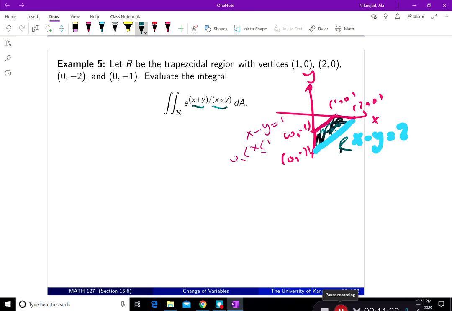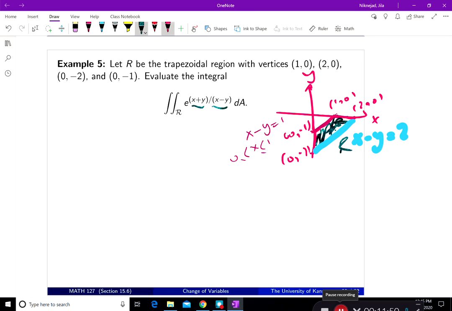If I'm taking the antiderivative with respect to x, I have x on top and I have x on the bottom inside the exponential, and same thing for y. So what can we do? Can we somehow get rid of having the same variable both on top and bottom for the exponential?